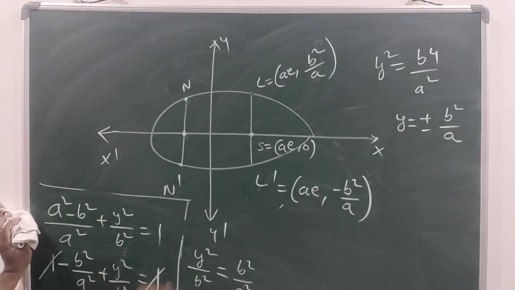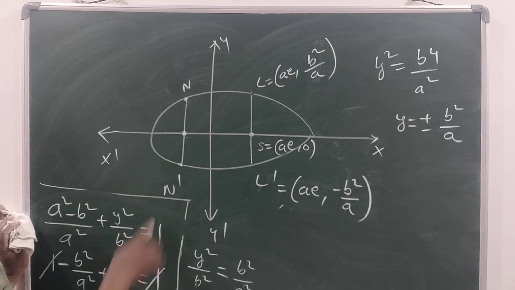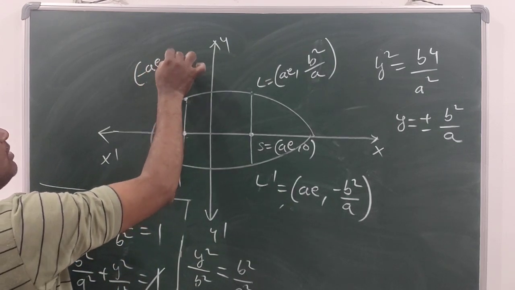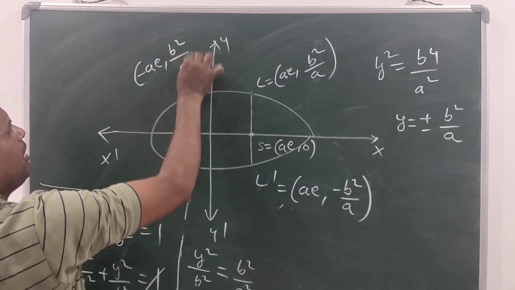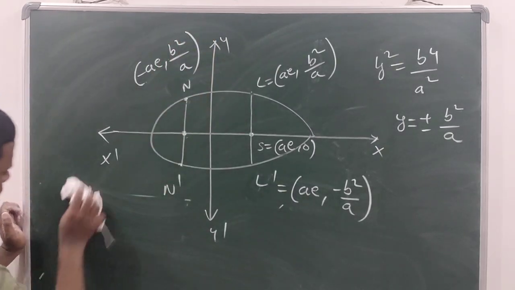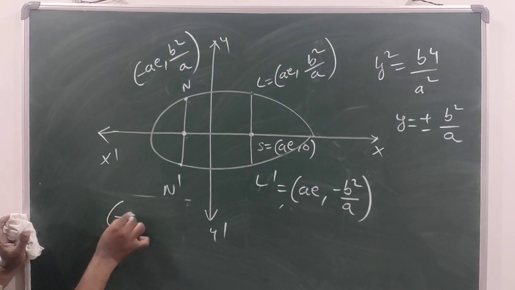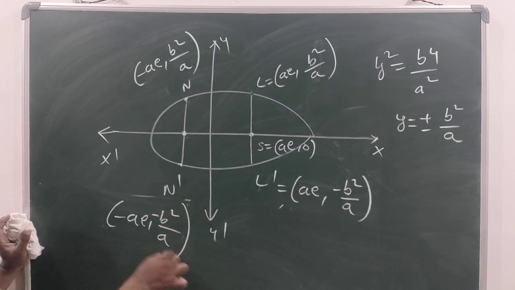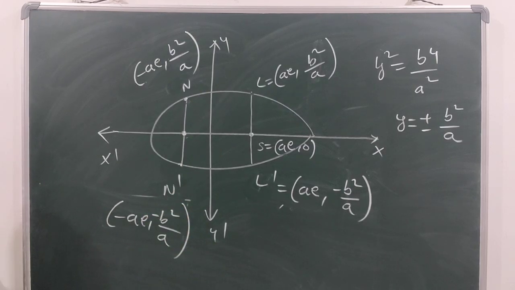So if you want to write the end points of this latus rectum, what do you get here? (minus ae, b square by a) you will get, and here L dash coordinates (minus ae, minus b square by a) you will get, because it is there in the third quadrant. So both will get a minus sign.